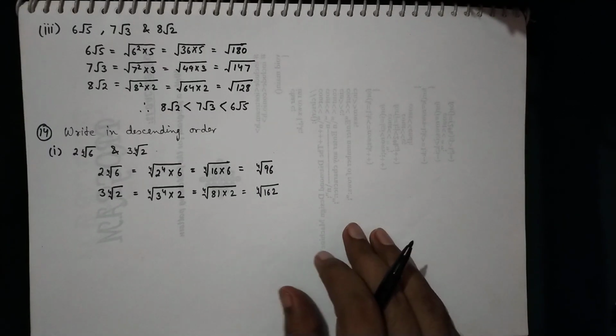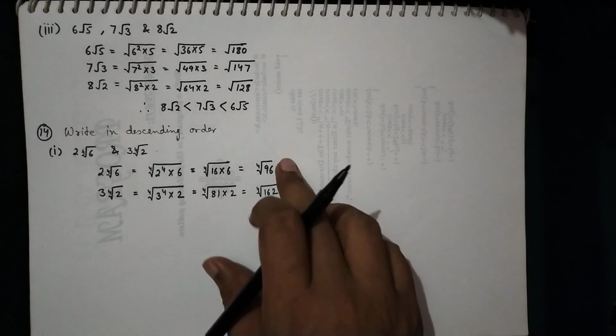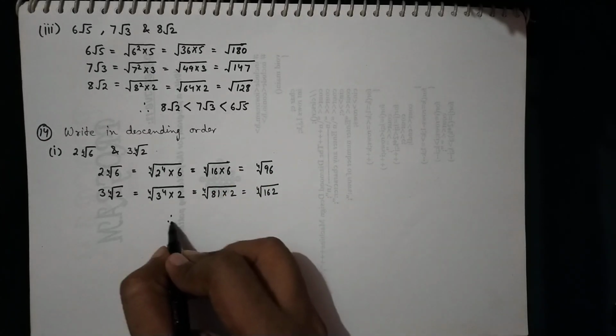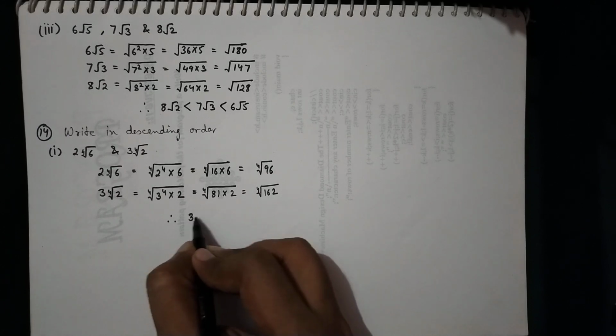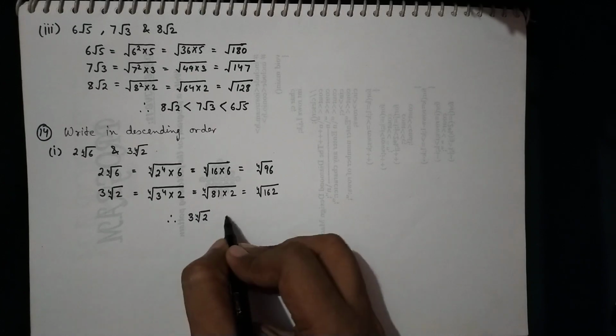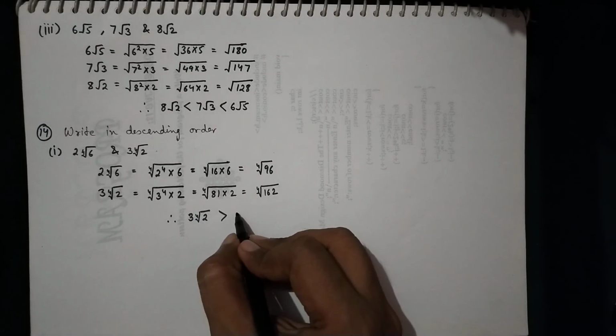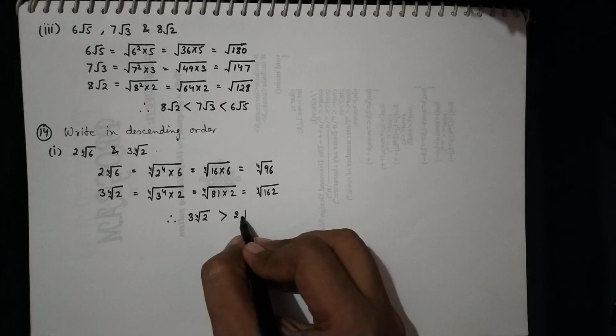Now we can clearly see which one is greater and which one is smaller. So this is greater and this one is smaller. Therefore here 3 root 4 2 is greater than 2 root 4.